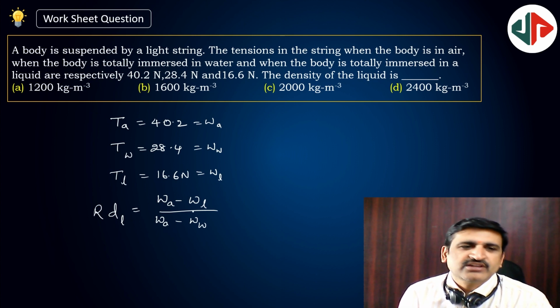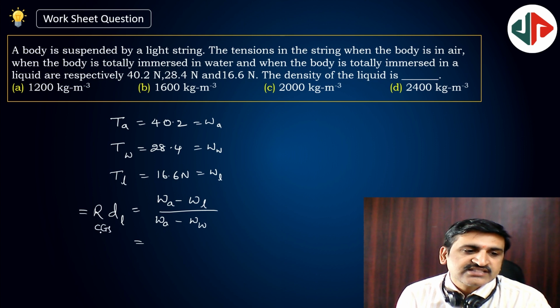If you multiply with 1000, you can get in SI system. Relative density is nothing but density in CGS system. So you can multiply with 1000, so that you will get weight in air 40.2 minus liquid 16.6 by 40.2 minus 28.4 into 1000.